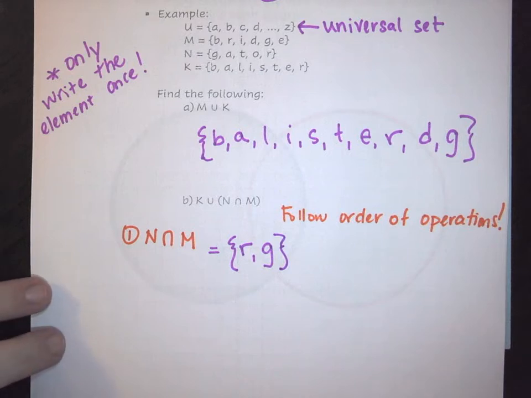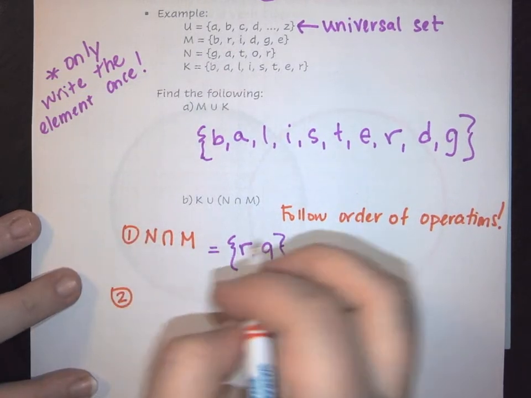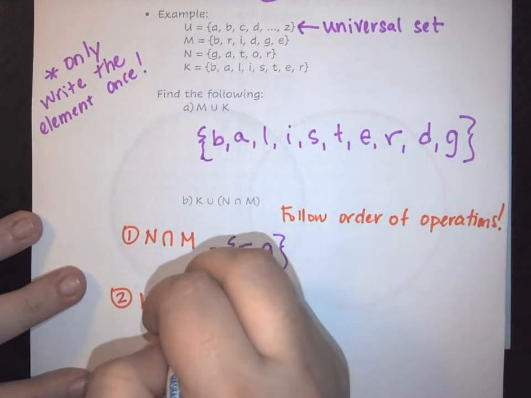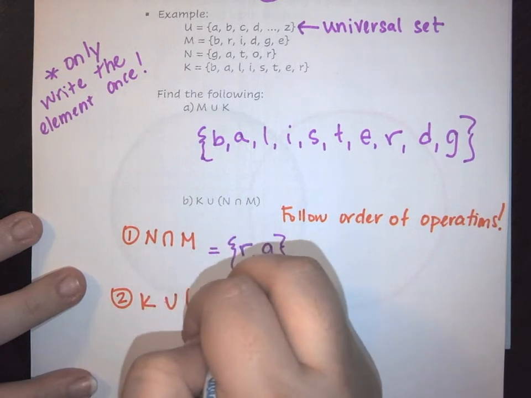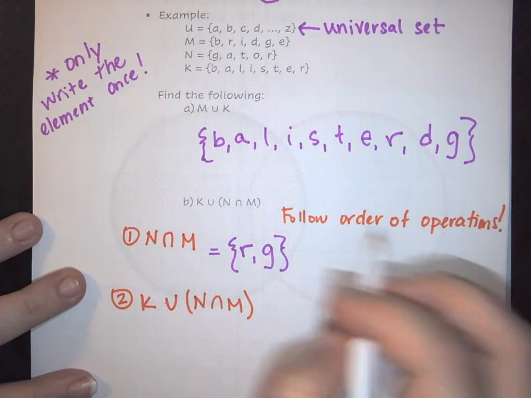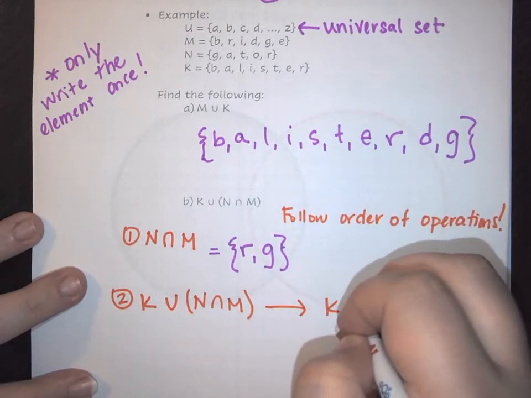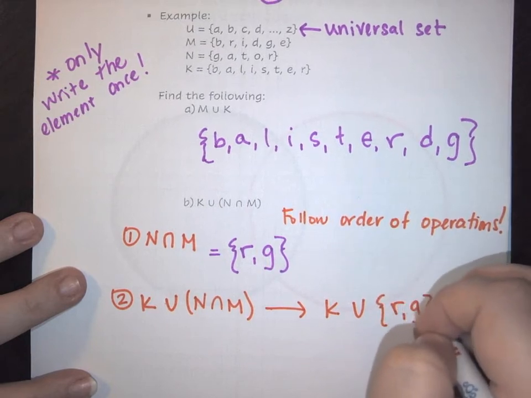Once we get those two letters, we can then go on to the next part, which is I'm going to take K and I'm going to union it to N intersect M, which is essentially the same thing as thinking about taking K and union it to the set RG.